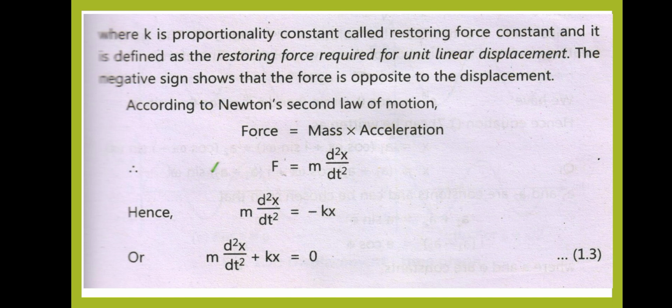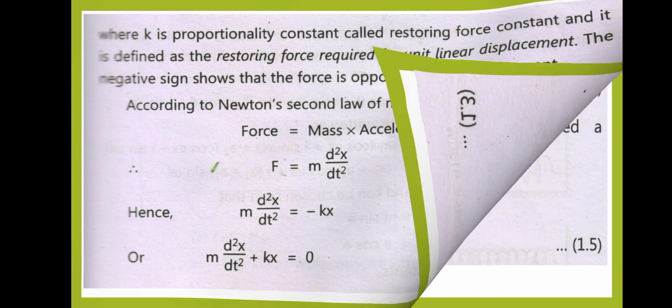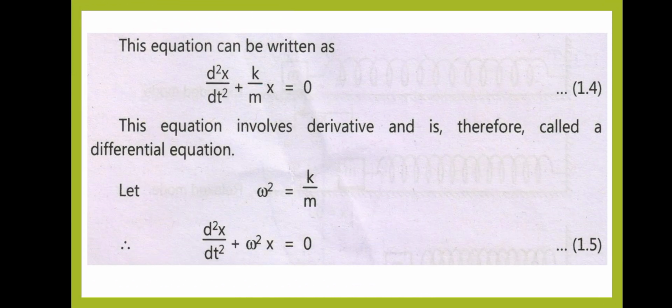Now dividing this equation by m, we get d square x by dt square plus k by m into x is equal to 0. This equation involves a derivative, therefore it is called a differential equation.